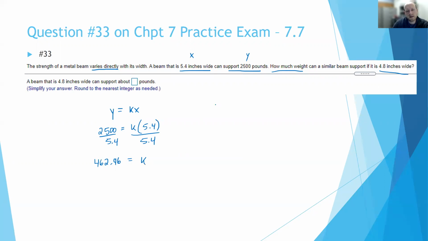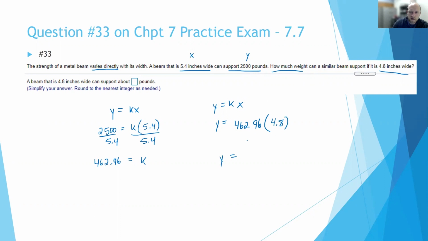And then what I do here is I take the same equation again, y equals kx. And now I need to find how much weight, so the y value, y can a similar beam support if it's 4.8 inches wide. And now I take that k value that I found and I substitute it in. And then our new x value if the beam is 4.8 inches wide.